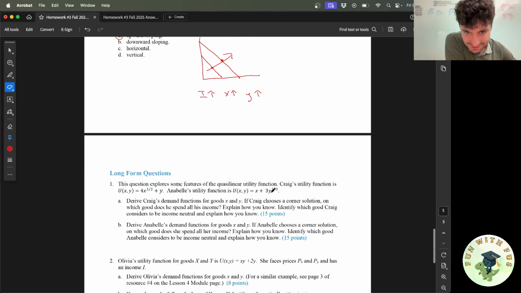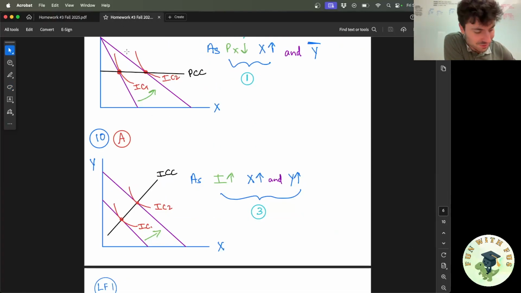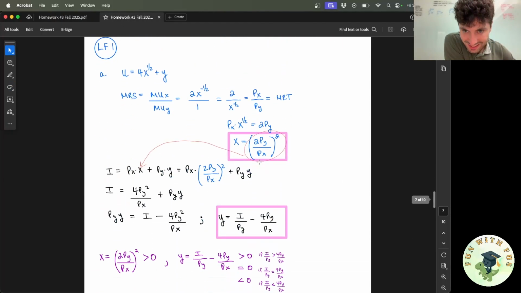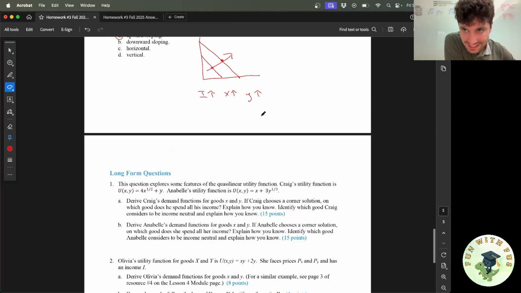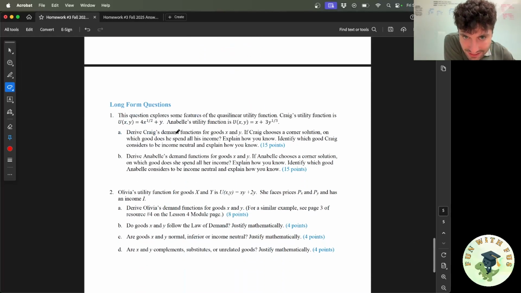Okay, so for this final piece, as per usual, I'll just be handicapping and taking the easy way out by using the key. And okay, so for this stuff, I will just highlight what I would think is interesting. So we are given a utility function, two utility functions actually, and Craig wants his demand functions.